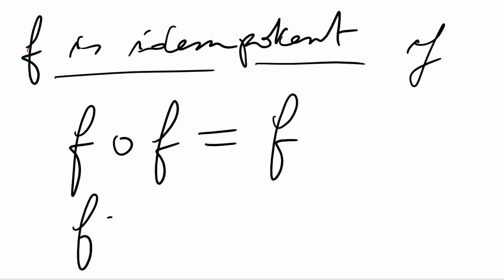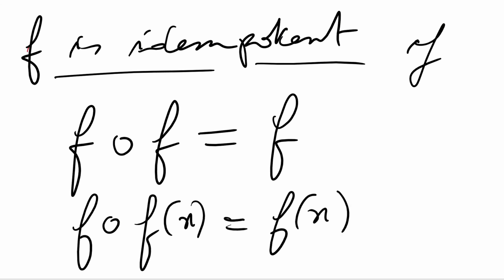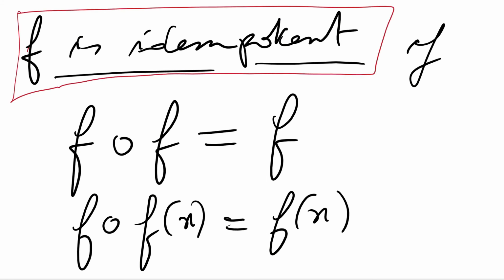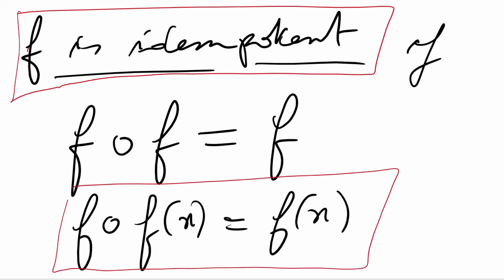We are saying that f is idempotent if f round f of x equals f of x. So if you compute f round f of x and you get the same as f of x, then you say that f is idempotent. So in order to show that a function is idempotent, you need to compute f round f of x and show that it's equal to f of x. If you can show this, you conclude that the function is idempotent.